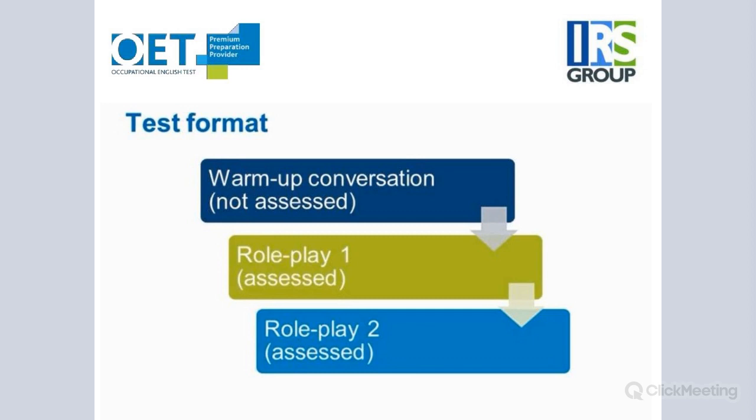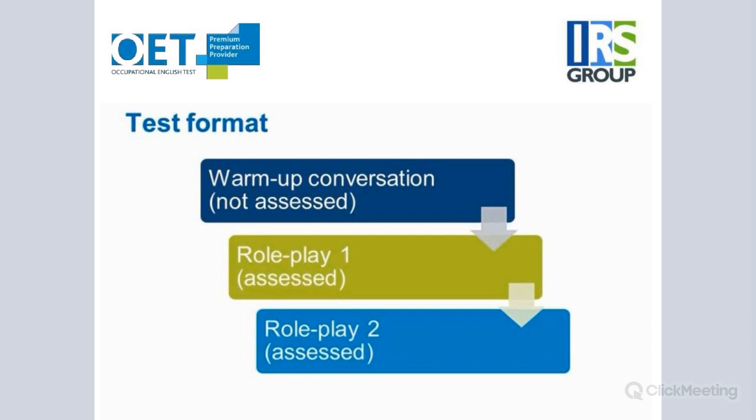Okay, and role play one, and as I said, there will be two role play cards which will be provided to you. So before the role play starts, the role play card would be given to you, and you would be given a certain time. And after going through the role play card, you would be asked to start with the role play. That is role play number one. That will be assessed.